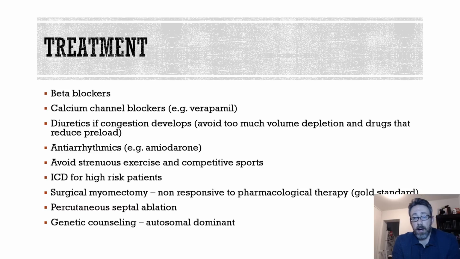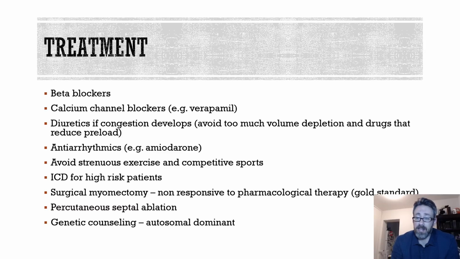Treatment for this: beta blockers can actually help offset some of the symptoms. They do not reduce mortality, but they help increase filling time, which increases the volume and prevents some of the obstruction. Calcium channel blockers have shown some effects and may help in the same vein, but they're usually second line.